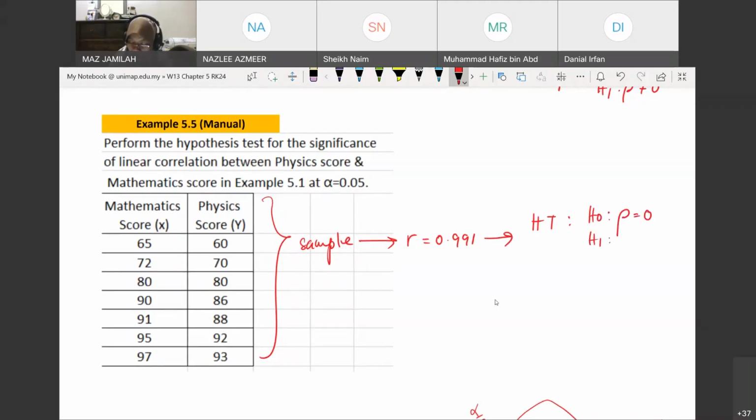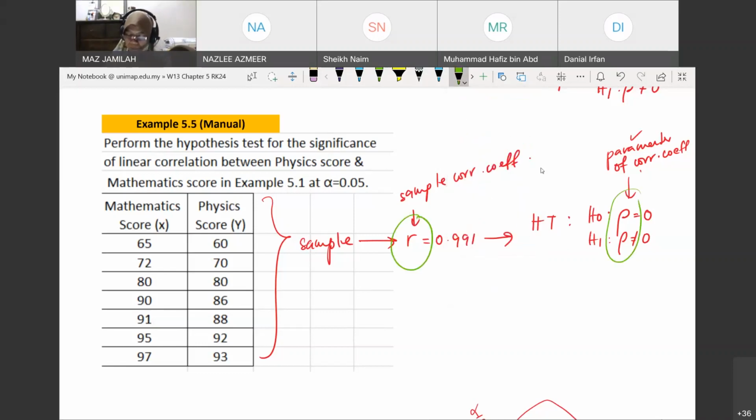So remember class, you are testing for your population statement, your parameter, the parameter of the correlation coefficient. Parameter means population. So this is our sample correlation coefficient. You are dealing with two different things: this is your statistic, this is your parameter.